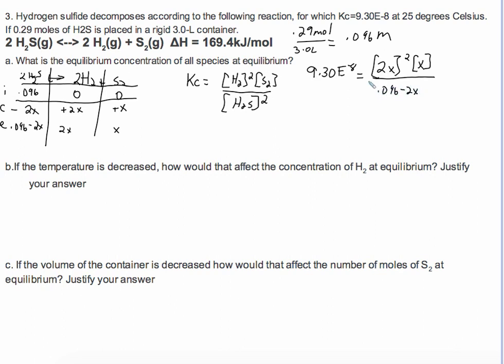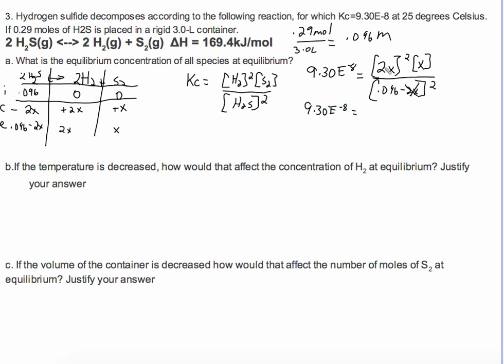And then we're going to divide that by 0.096 minus 2x, and that's 2x, so that's going to have to be squared. Now, because this Kc is such a small number, we can drop this x, we can get rid of that here.